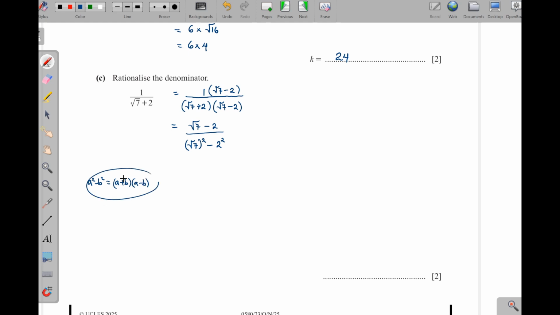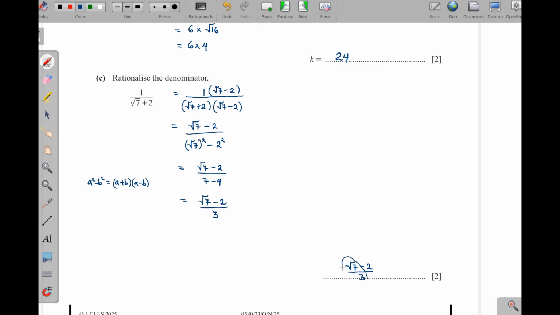This is what we call difference of 2 squares. So now here, we shall have root of 7, then minus 2, out of, when you square this one, it will give you a 7, then here you have a 4. So meaning your answer is going to be root of 7 minus 2 out of 3.